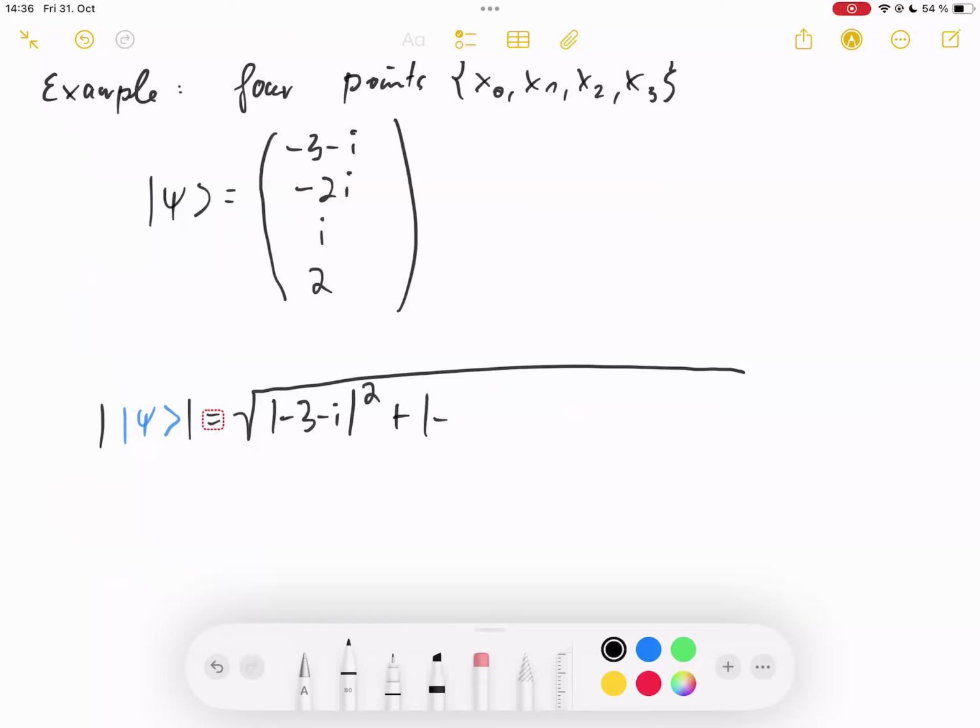Then the next entry is -2i. We take the modulus squared, then an i modulus squared, and the 2 modulus squared. And I'll give you a short moment to think about how you could calculate these modulus squared.